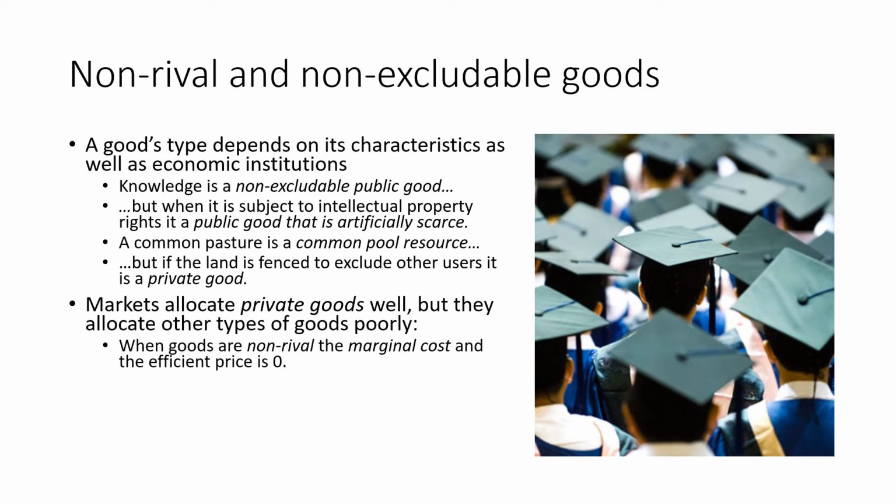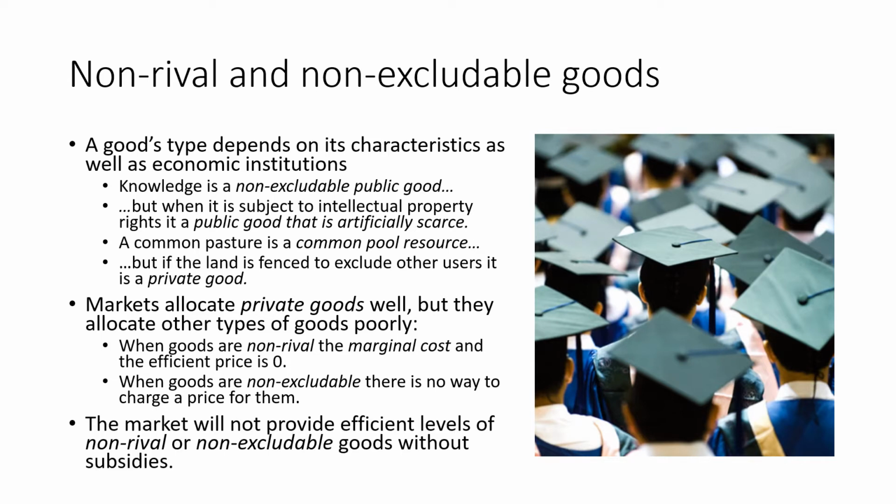When goods are non-rival, the marginal cost and the efficient price is zero. If you were a person in the market providing this good, would you want to provide a good at a price of zero? Alternatively, when goods are non-excludable, there is no way to charge a price for them. Would you want to provide such a good?